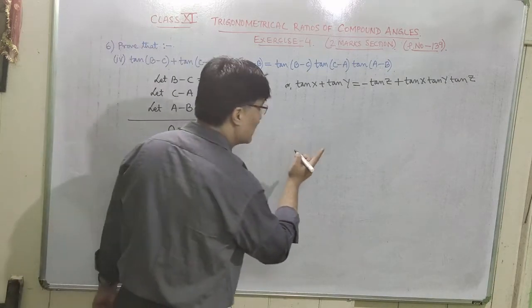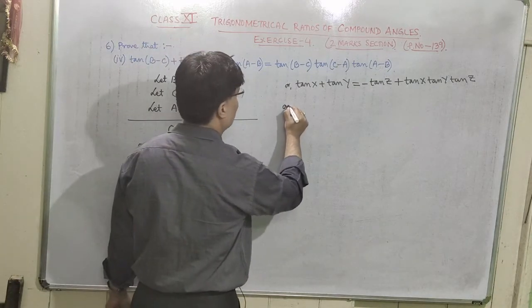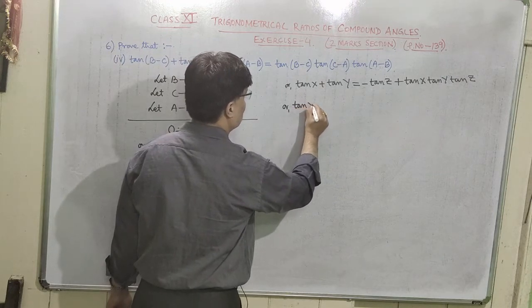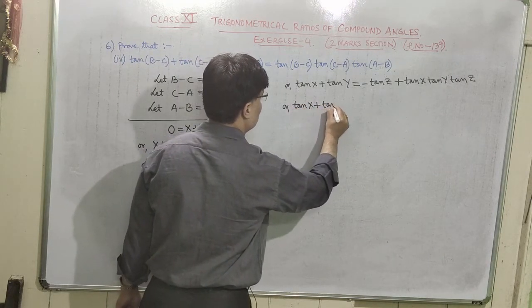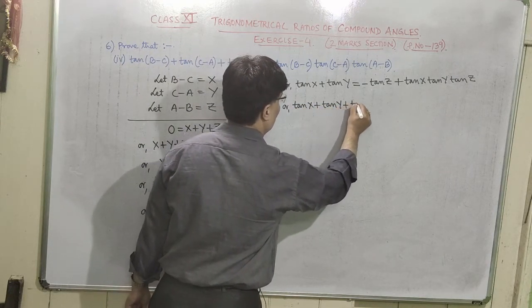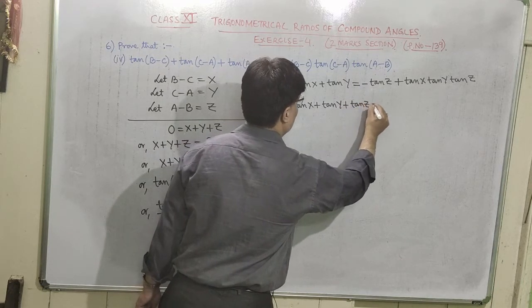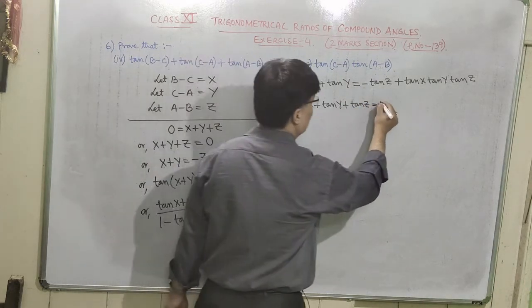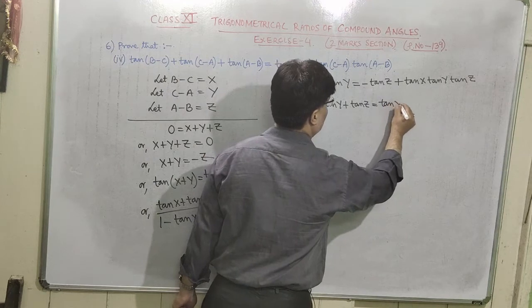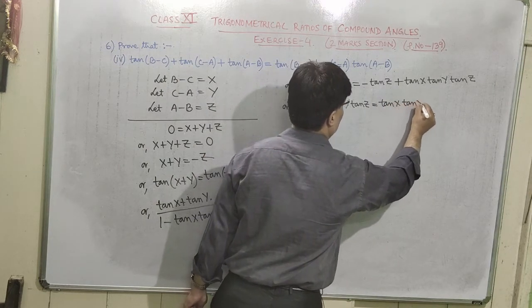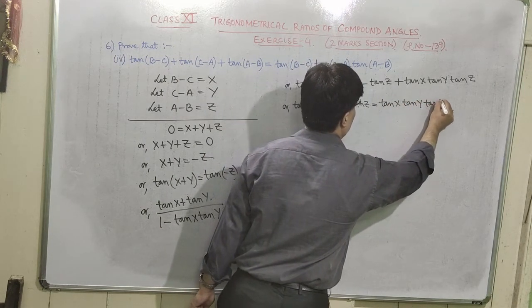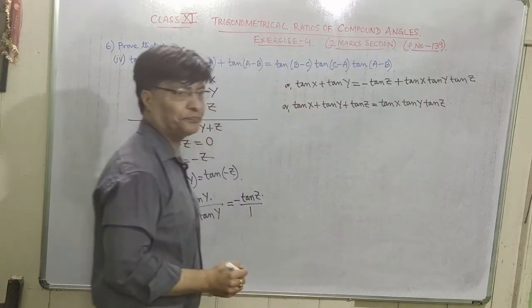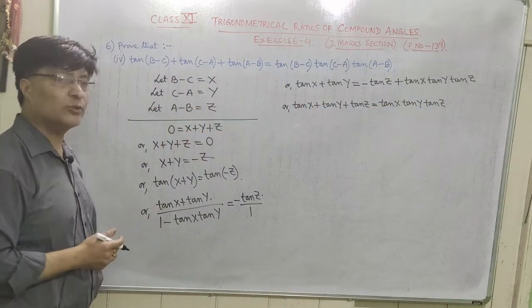Now let us take this minus tan Z to the left hand side. So it becomes tan X plus tan Y plus tan Z is equal to, on the right hand side, tan X tan Y tan Z. Is that clear? So I think you have understood it.